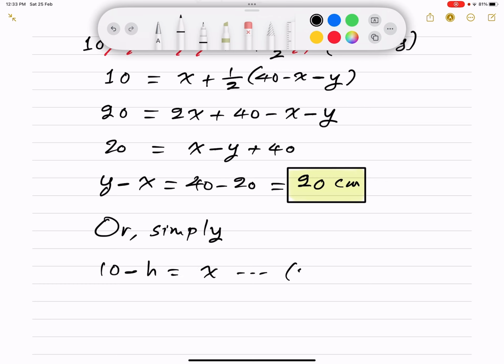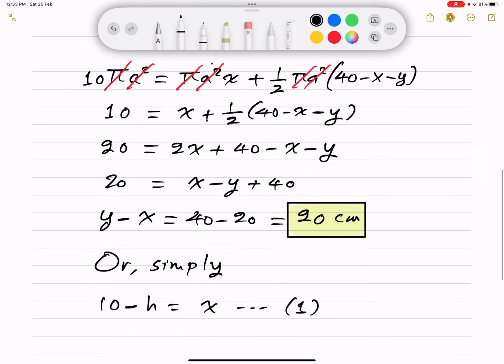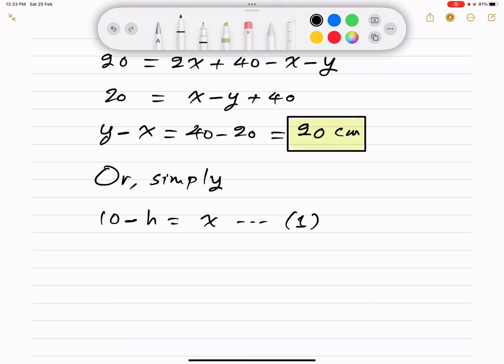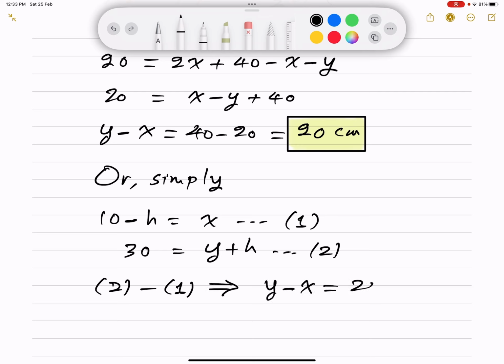Let's number that as our first equation. And y was increased by h, and that is going to give us 30, which is our second equation. Now if we subtract 2 minus 1, then what we get is that y minus x is equal to 20 centimeters, and that is a very simple way to solve this problem.